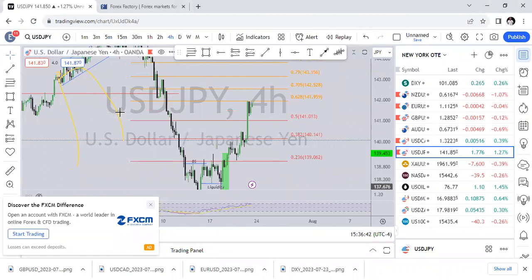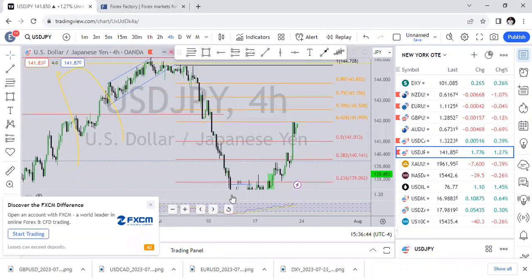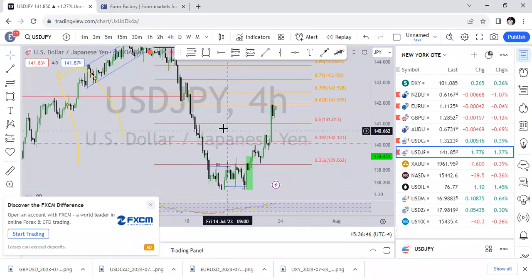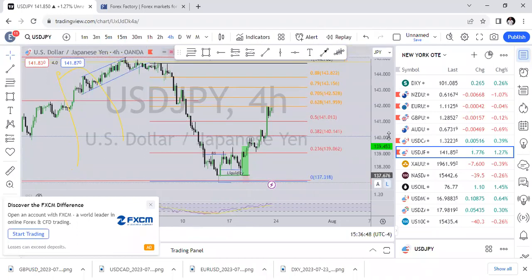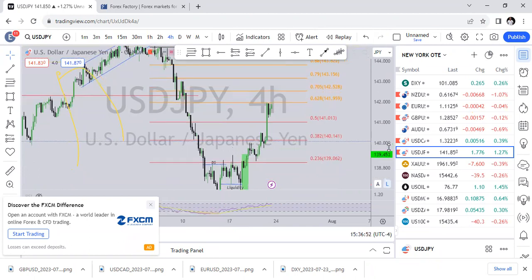Based on this range that we are looking at, this high and this low, price is almost at the moment price crosses this level, it is not at the sell area. So I wouldn't be looking for buys.